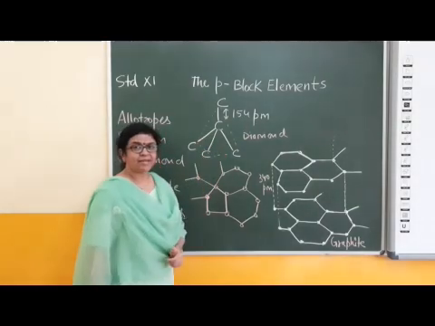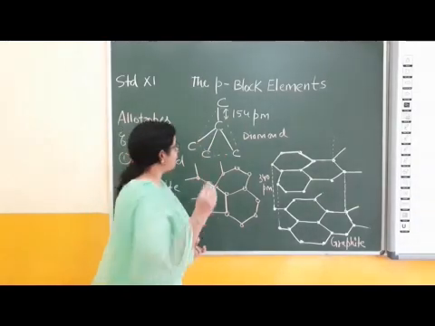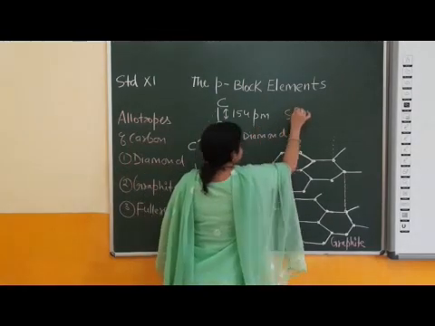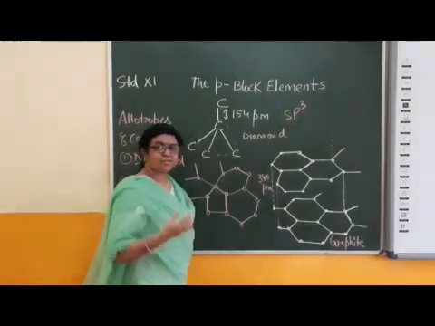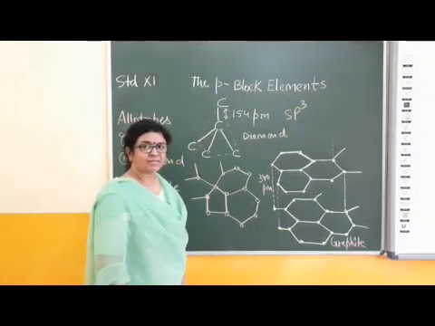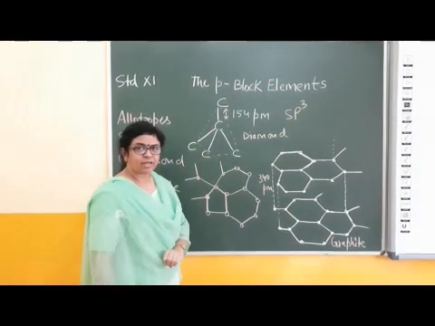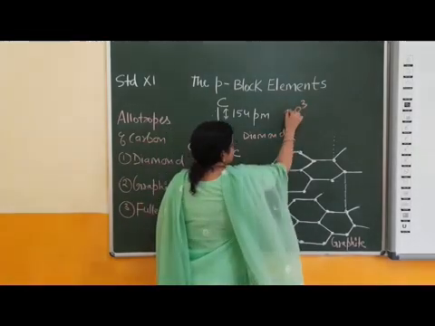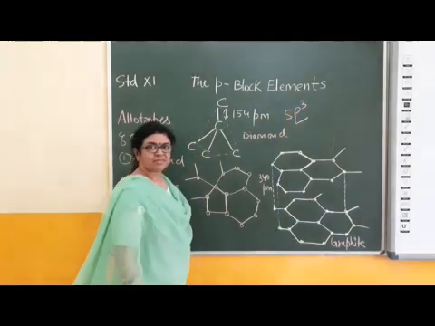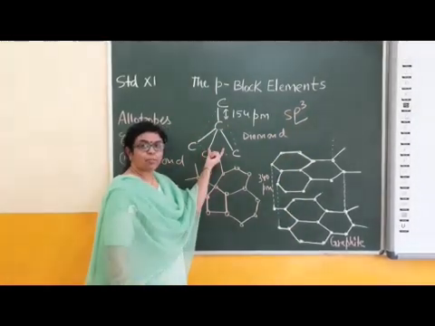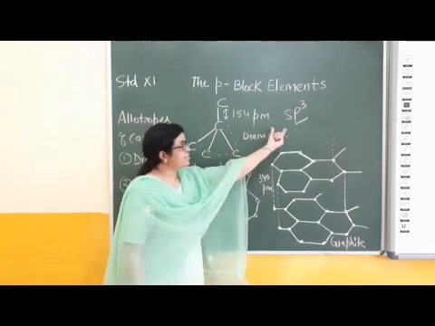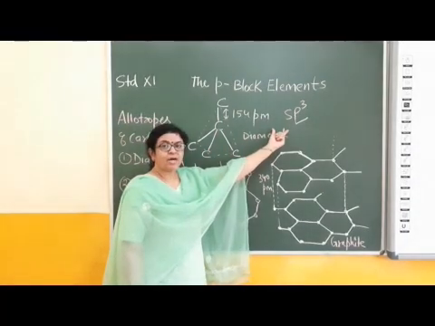Carbon atom in diamond is sp3 hybridized because free valency is not present: 4 covalent bonds and 4 hybrid orbitals. Tetrahedral geometry is related with sp3 hybridization.